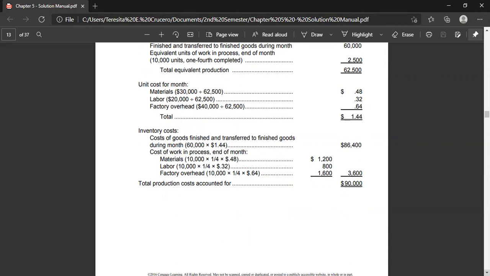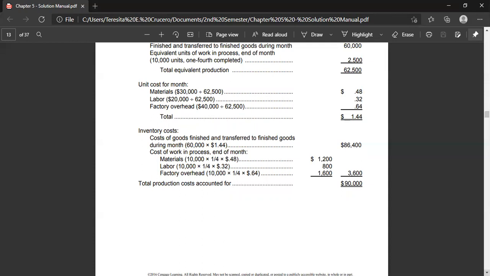Then we have the cost of the work in process. At the end, we have 10,000 units. However, the work done is only one-fourth. So meaning the equivalent production of the work in process at the end is 2,500 units times 0.48.